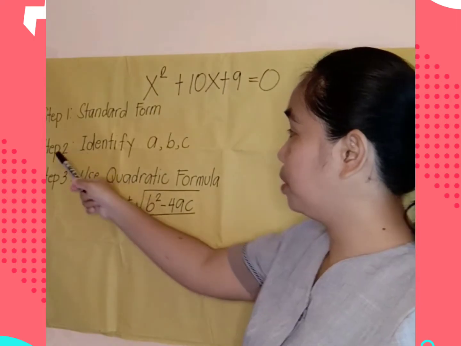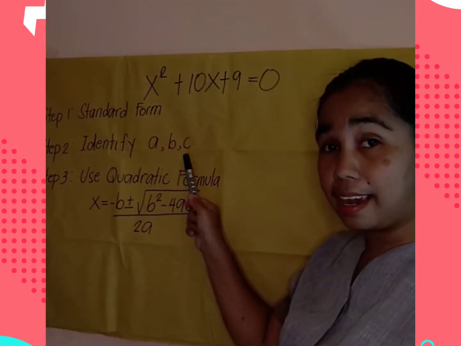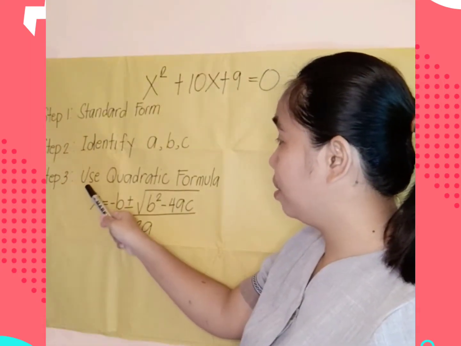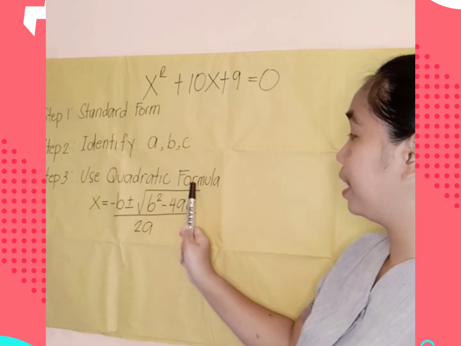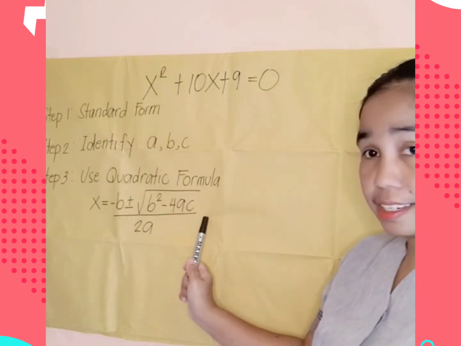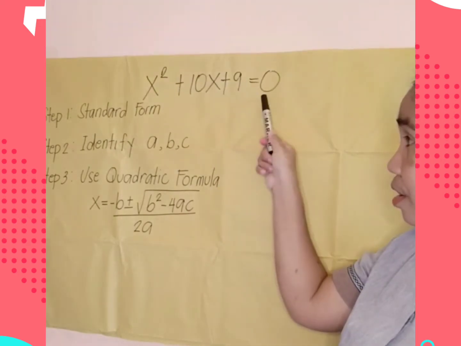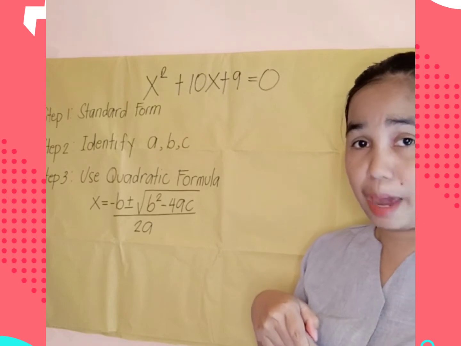Okay? Step 2, identify a, b, and c. And step 3, you're going to use the quadratic formula to solve for the value of your x. Okay, so isolve natin ito using the 3 steps.